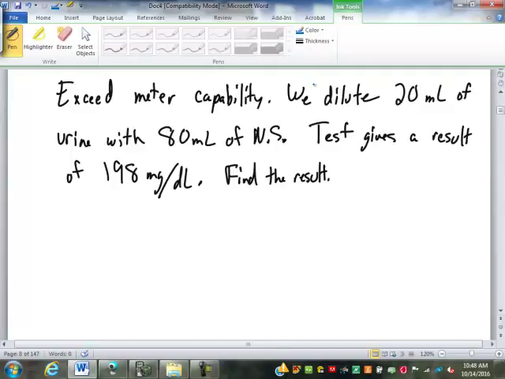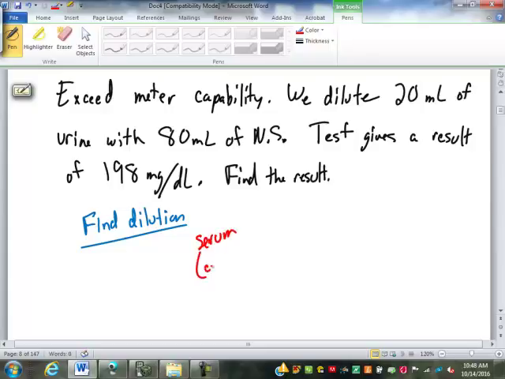So our first step here, we're given the amount of sterile water, of NS, that's going to be used here. And we're given the amount of the concentrate of the urine. So our first step we're going to have to do here is find the dilution. Dilution, remember, is serum, or in this case, concentrate, to total solution.